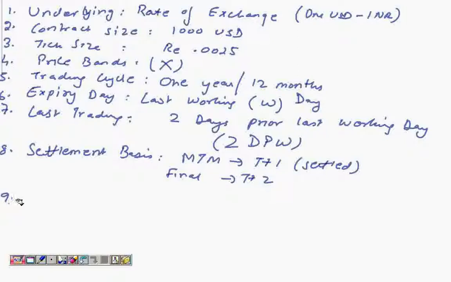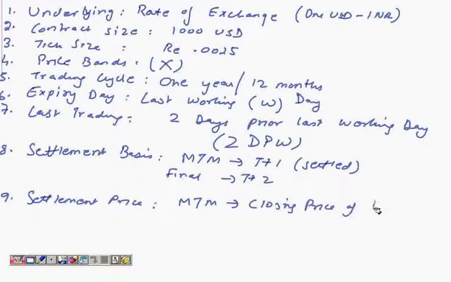When we're talking about settlement basis, we can also talk about the settlement price. Now, what is the settlement price? For the MTM, the settlement price is the closing price of the futures contract. And do you remember what the final settlement price is?